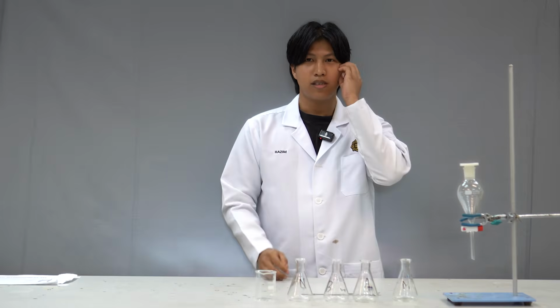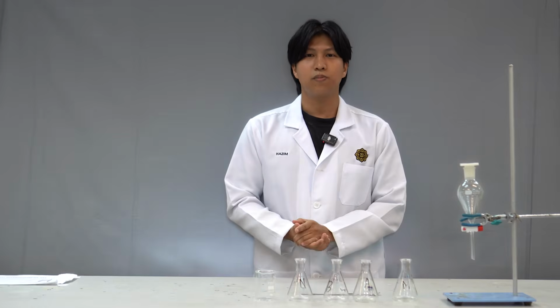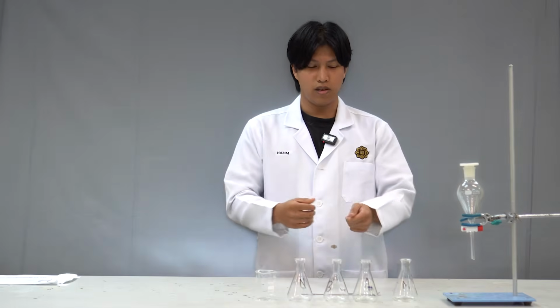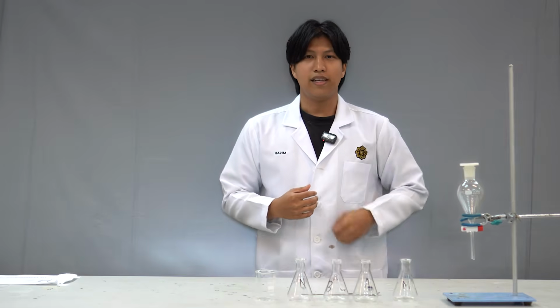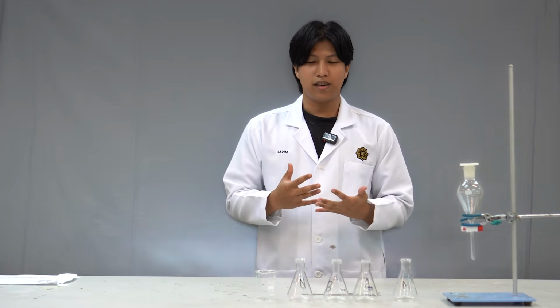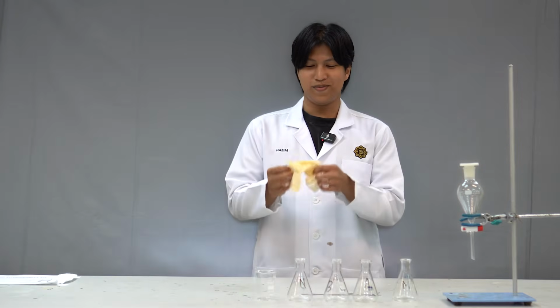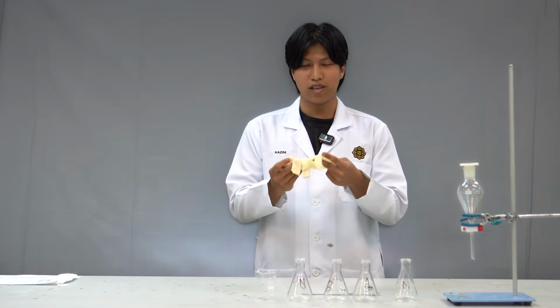So next, I will explain about the precautions. Like we all know, we have to use a long sleeve lab coat, and before the experiment starts, we have to wear gloves. Why do we have to use gloves?